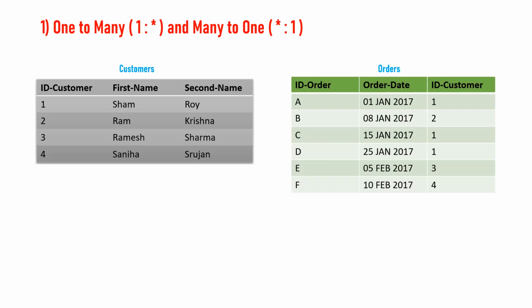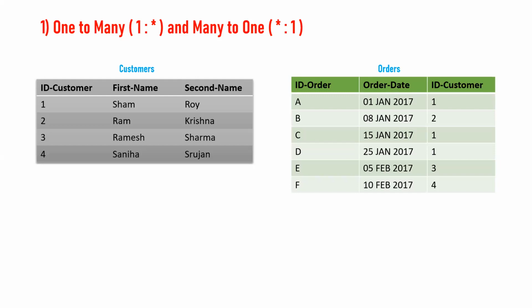You can see there are two tables, the customers table and the orders table. Under the customers table, you have ID customer, first name, second name. Under the orders table, you have ID order, order date, and ID customer. Under the customer table, the ID customer is unique, with no duplicate values.